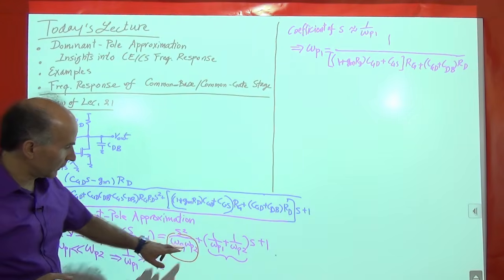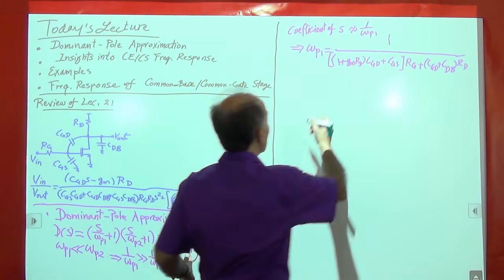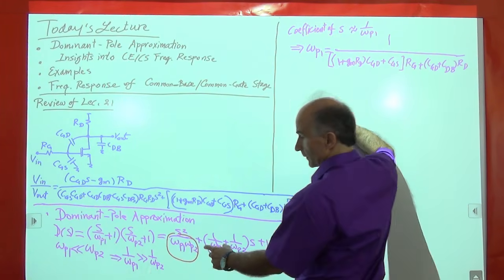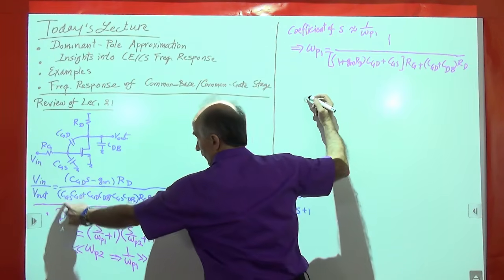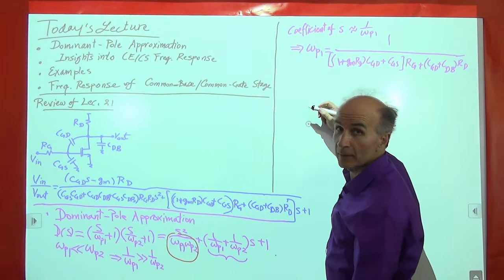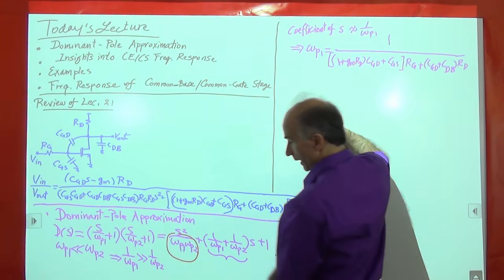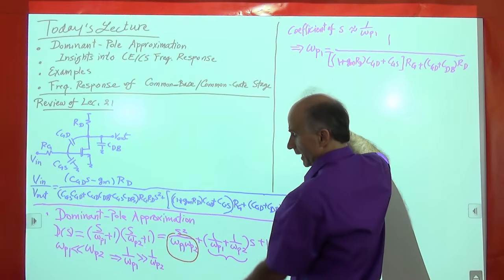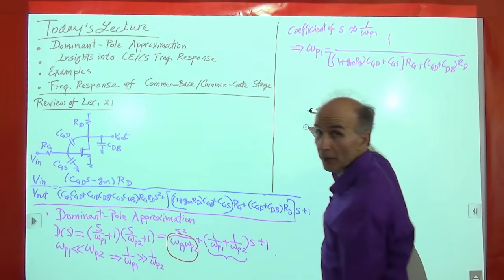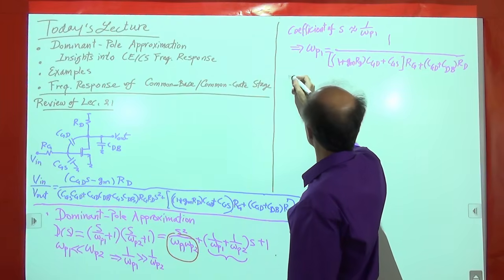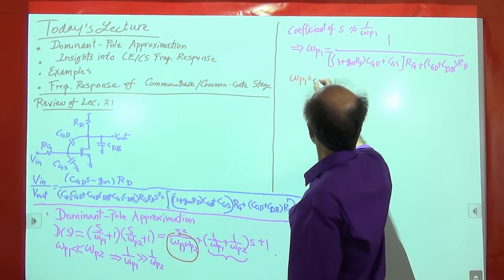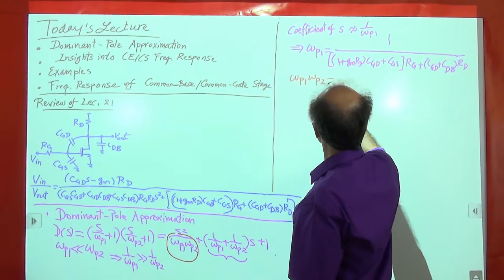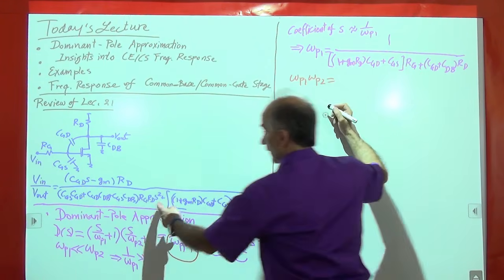First we have to invert the coefficient of s squared, and that would be omega p1 omega p2. And then we have to divide it by omega p1, right? So omega p1 omega p2 is equal to this entire expression.